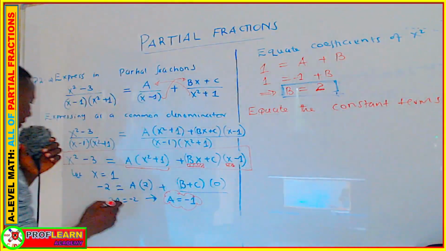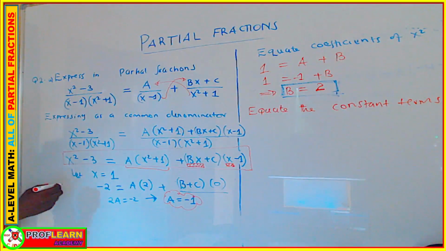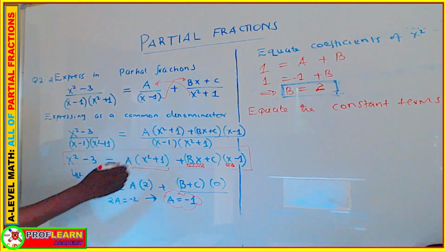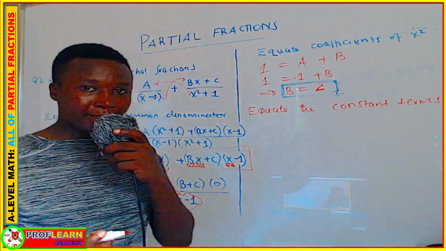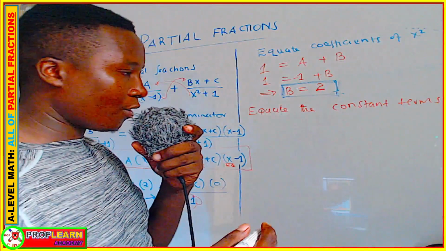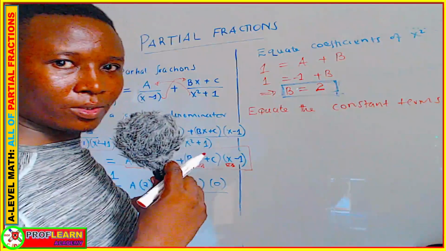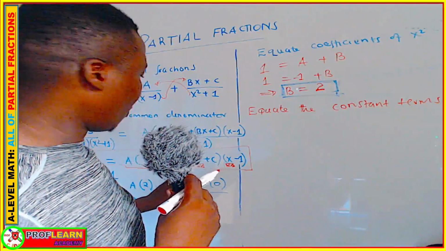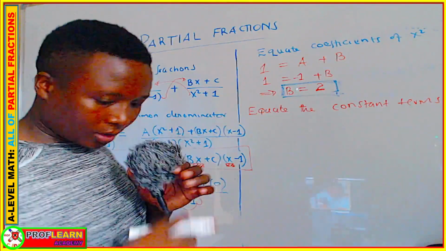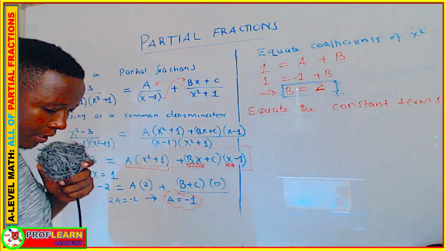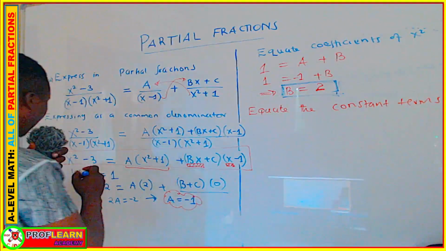In this expression here, there are constant terms we can have, because a, b, and c are constants. So from this original equation, I want us to check which constants we have here, and how we can equate them.